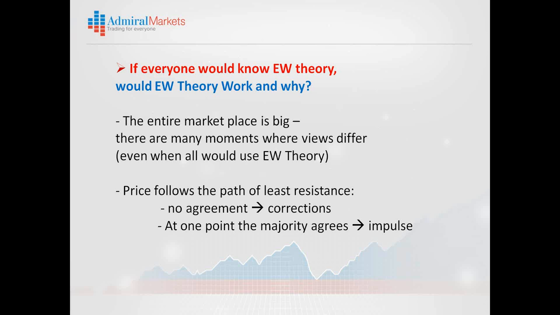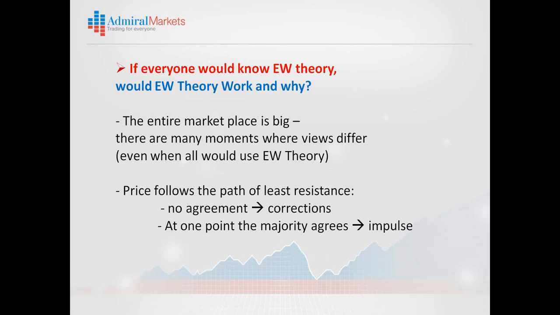Basically, price follows the path of least resistance. If you would picture a river where the flow of the water is just going in such a way that it goes down in the easiest way. All right?